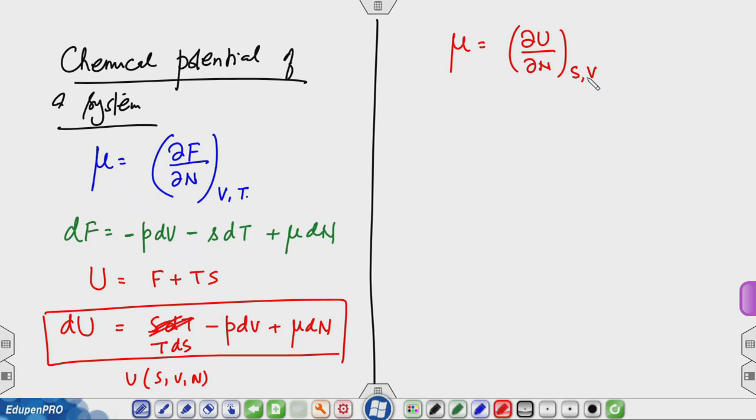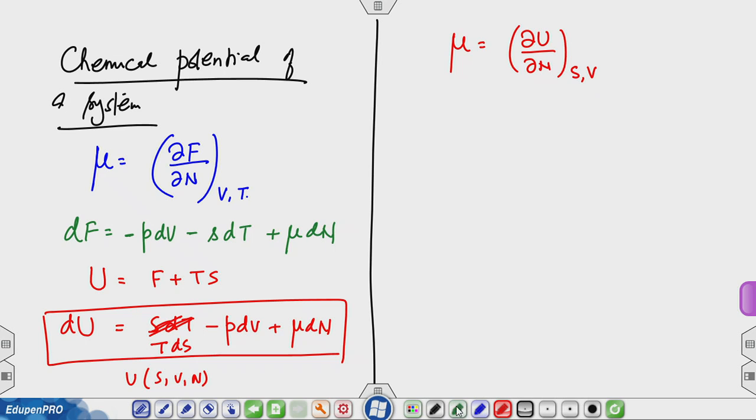So if I have a system where no heat is allowed to go in or out, S is fixed, and volume is fixed, then the change in the internal energy is related to the chemical potential.